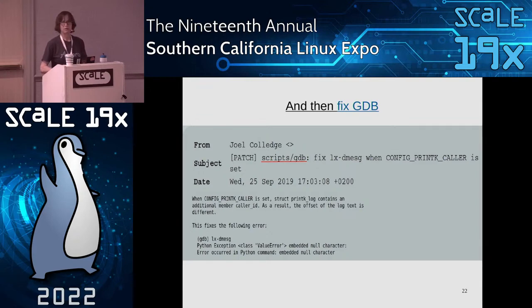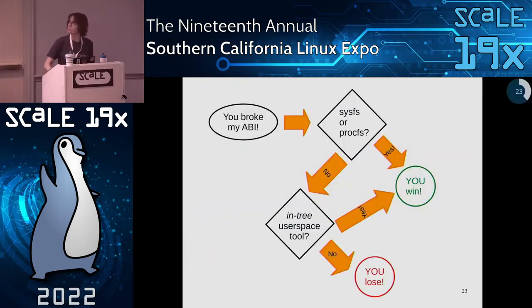So anyhow, the kernel community isn't crazy. Obviously, if GDB is broken and a GDB script that is in tree no longer works with dmesg, everyone agrees that this is a problem. So in this case, the problem was fixed and GDB went on working.